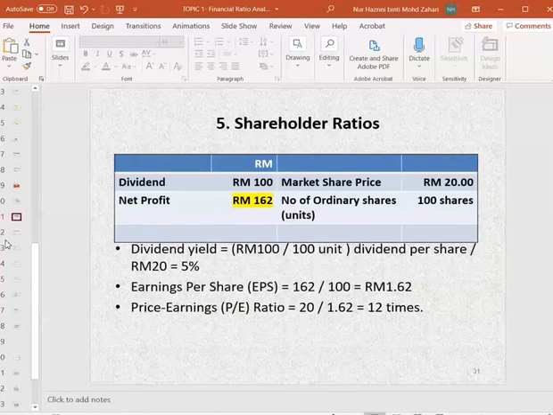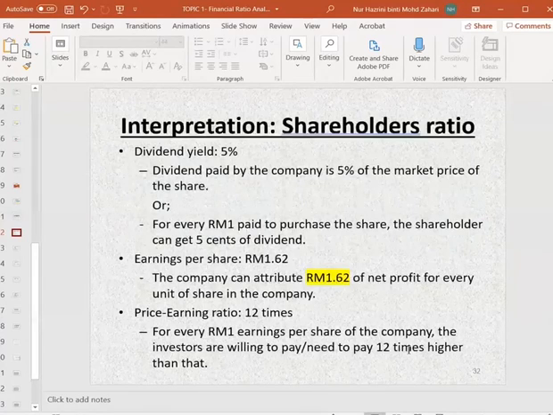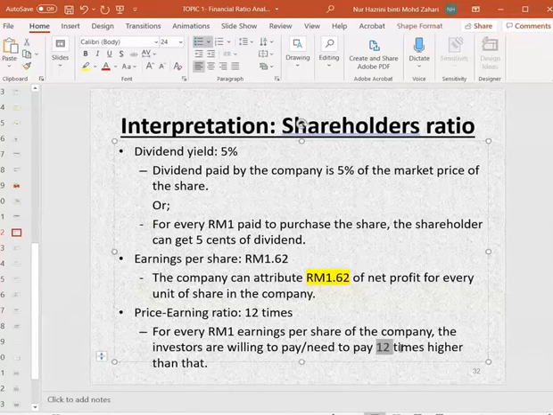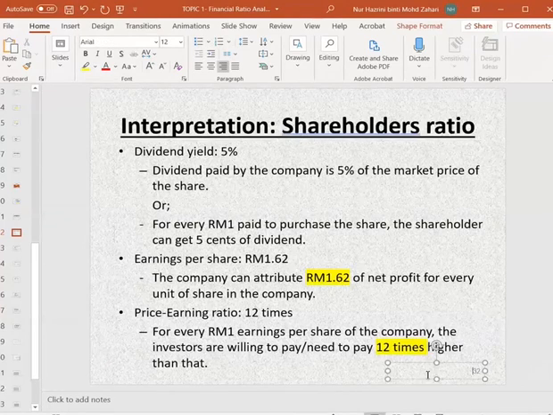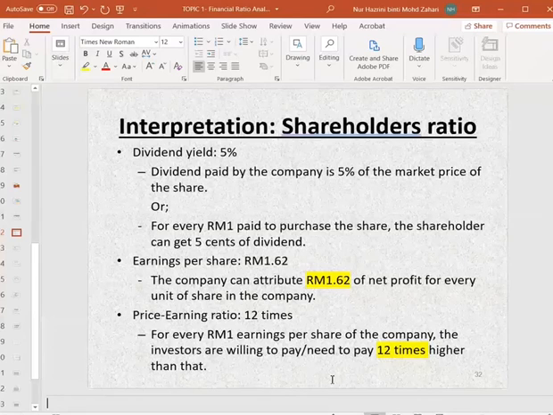All right, so for this one, you can see that the market price per share is 20. Even though the investors know that the company is not making much profit or is not giving them much dividend, they are still willing to pay 12 times higher than the earnings per share. So here you have to understand, sometimes with speculation, the market price of share can spike up.